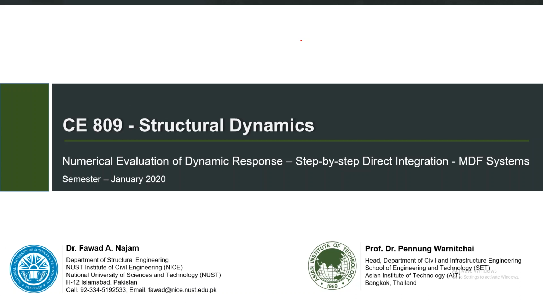degree of freedom system. So our basic target for this lecture is to solve this equation: M matrix into u double dot vector, the acceleration vector, plus C matrix, the damping matrix, into u dot vector, plus K matrix, the stiffness matrix, into u of t vector, is equal to some applied force vector, let's say Q of t.